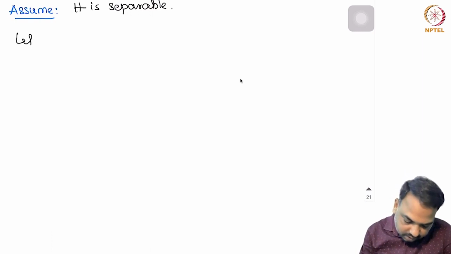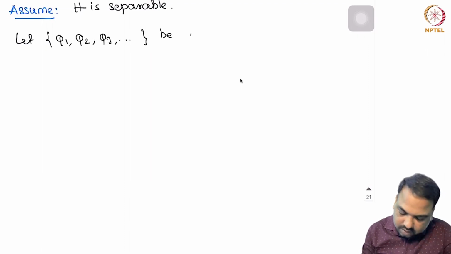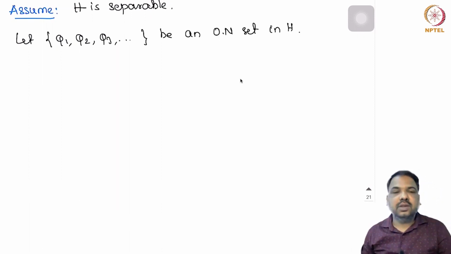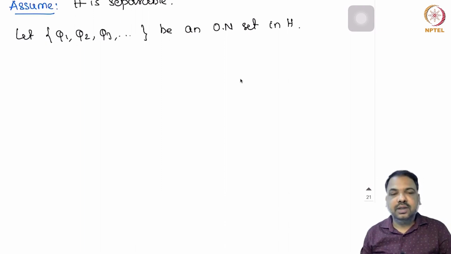So let us take phi 1, phi 2, phi 3, and so on, to be an orthonormal set in H. Now if T is an isometry, we know that it preserves the distance as well as the angle between two vectors. If you look at norm T phi n, that has to be norm phi n, that means that is 1. And if you look at inner product T phi n with T phi m, that should be inner product phi n with phi m.